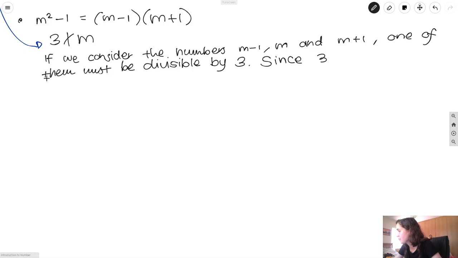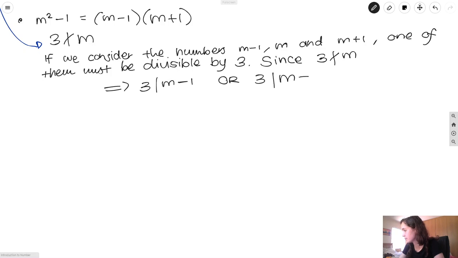So since 3 does not divide m, this implies that 3 divides m minus 1 or 3 divides m plus 1, which will imply that 3 will divide m squared minus 1, since m squared minus 1 is equal to m minus 1 times m plus 1. So 3 is going to be a factor of either this or this, and in other words, it's going to be a factor of m squared minus 1 as well.